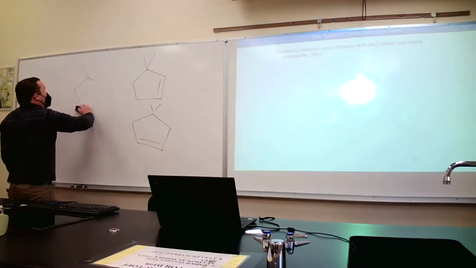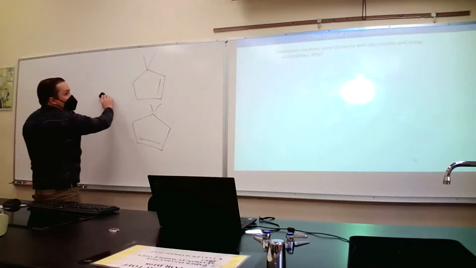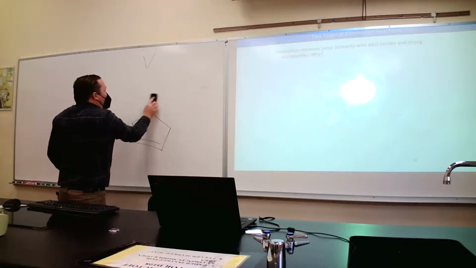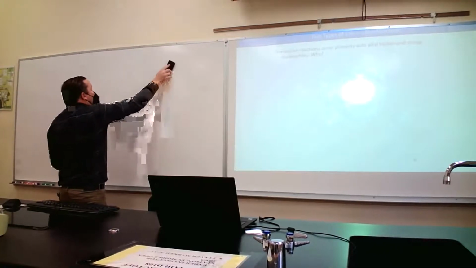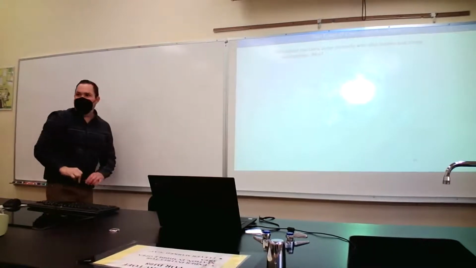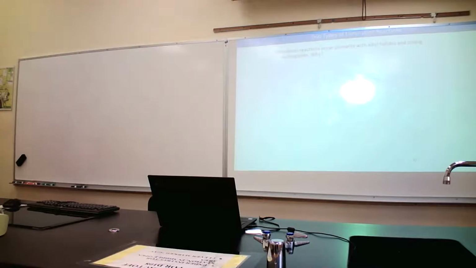All right, so elimination reactions pretty much only happen when you've got alkyl halides with strong nucleophiles. Why might that be the case? If your first instinct is to repeat something I said a few minutes ago, then you might be onto something. What's true about strong nucleophiles?